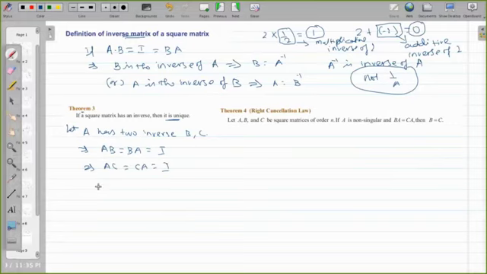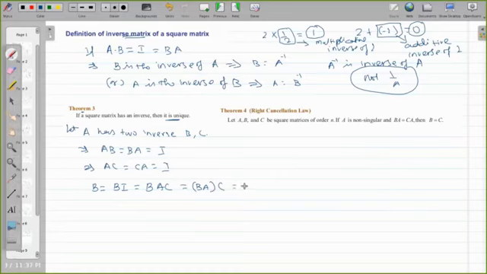Now, see children, I am going to write B is equal to BI, because when any matrix is multiplied with the identity, I get the same matrix. That is why I write this. Now, you know what I'm going to write? Instead of I, I'm going to write AC. Okay, children. So this implies now it is BA into C, by the associative property.